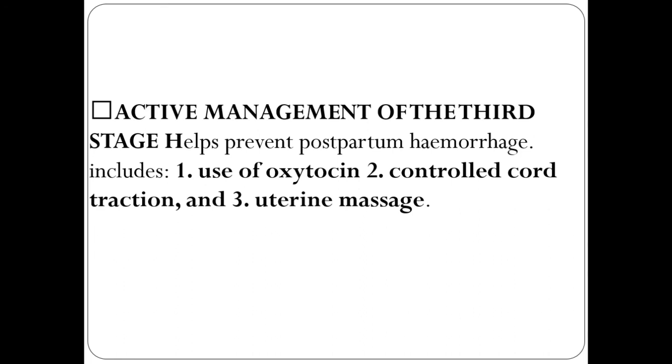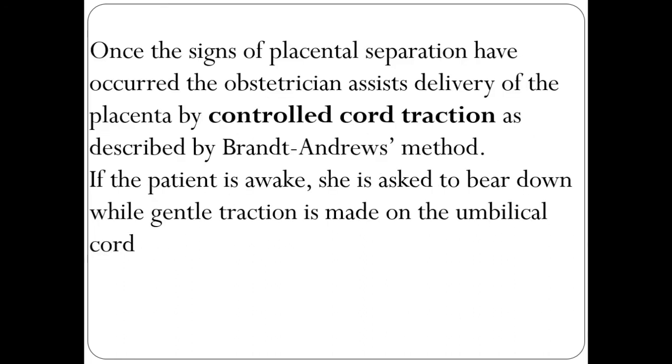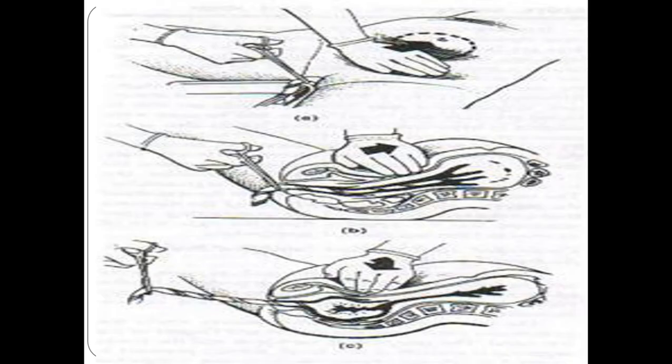Of course, we have to prevent postpartum hemorrhage by using oxytocin, controlled traction and uterine massage. But if the placenta is delayed in separating, we have to do controlled cord traction by what's called the Brandt-Andrews method, as shown in this picture.